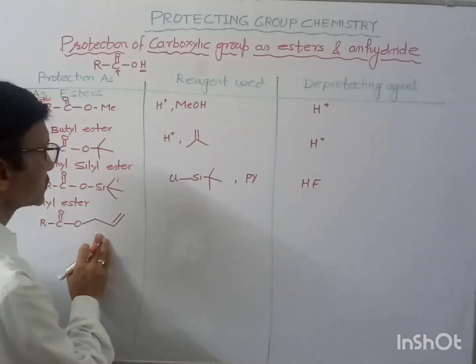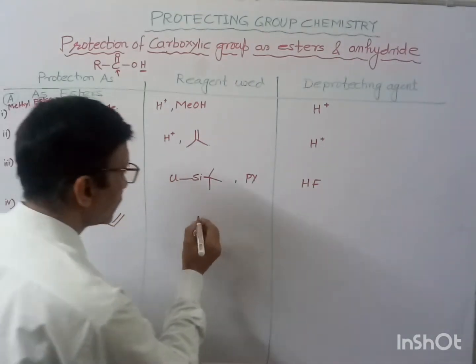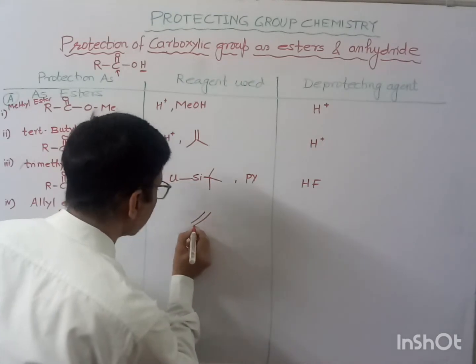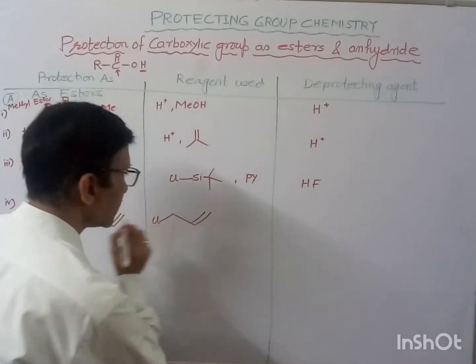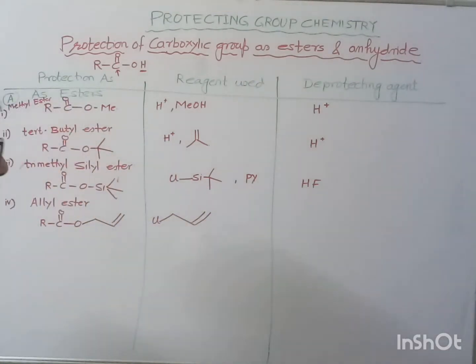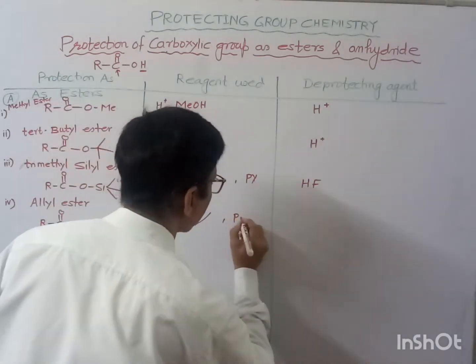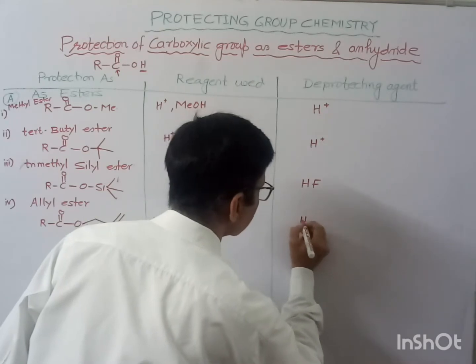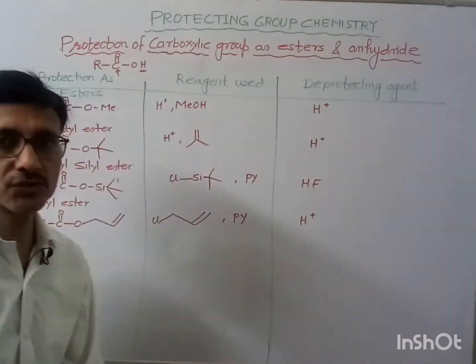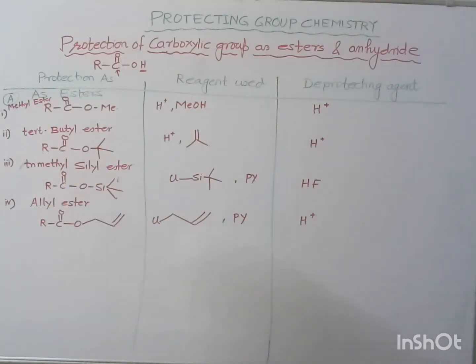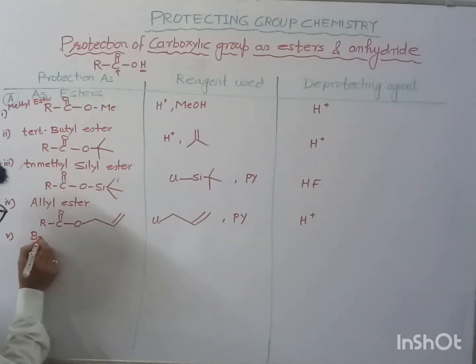To get this allyl group, we may use allyl chloride in presence of any base, and for deprotection we can use acid. Similarly, benzyl ester.